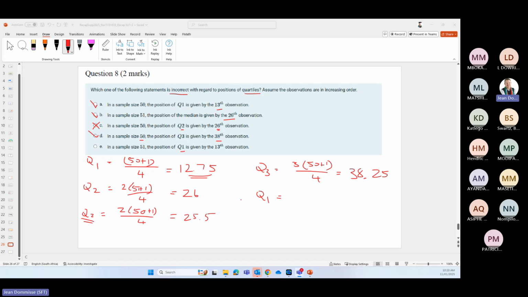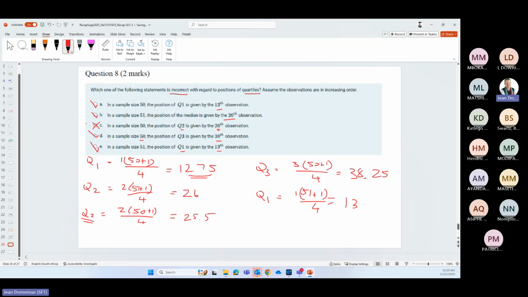Okay, so let's look at the last one. Q1, so 51 plus 1 divided by 4. So there's like a hidden one, but that doesn't influence our calculation. So 51 plus 1 is 52, divided by 4 is observation 13, and there we have it.